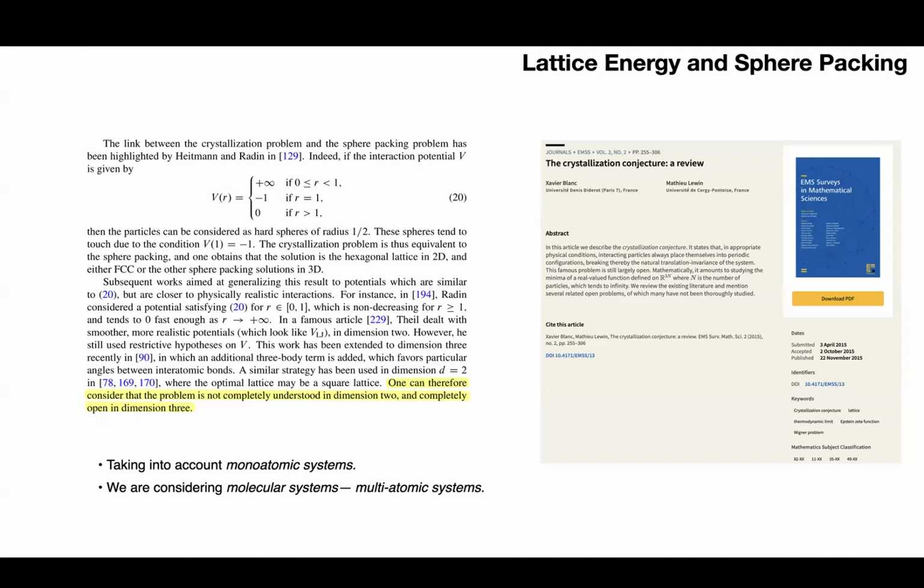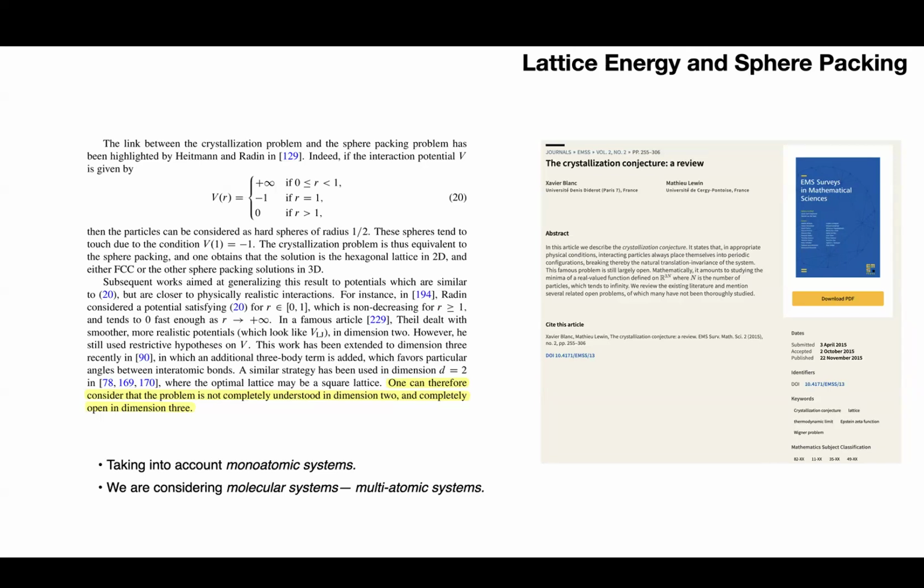Even now the problem in 2 dimensions is not completely understood, and in 3 dimensions it's completely open.